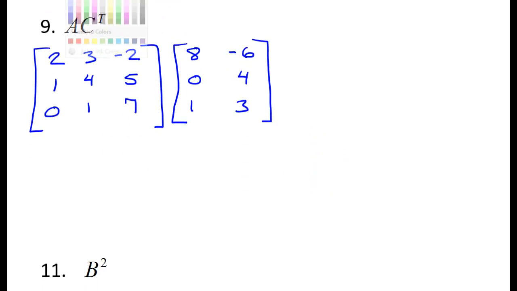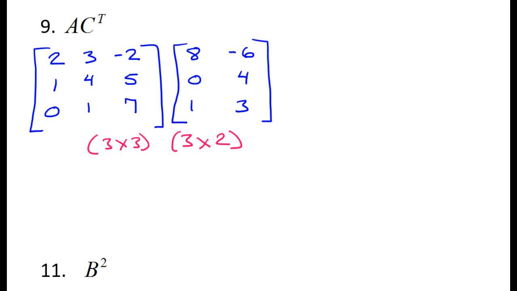Alright, so now let's do our dimensional analysis to see if this is even possible. Matrix A is a 3 by 3 matrix. Matrix C transpose is a 3 by 2 matrix. For this to be possible, the inner dimensions must be the same, and look at that, they are. So this is possible. The outer dimensions tell you the dimensions of your final answer, which will be 3 by 2.